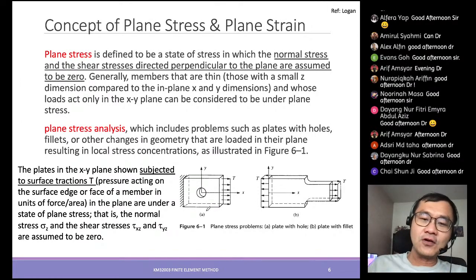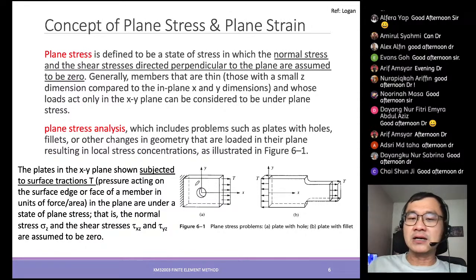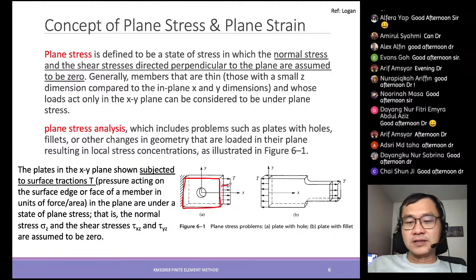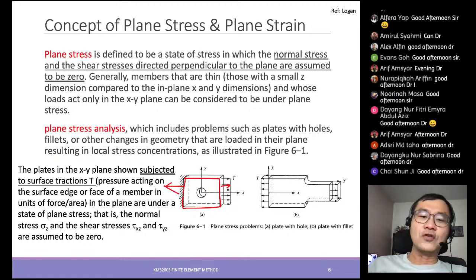Therefore, whatever forces there are, maybe there is a hole or whatever it is in between, in these cases you may want to consider only a plane, which is sufficient to solve for the stress. So you can see that the load is acting over here, the load is acting over here, and in the z direction there are actually no forces acting.